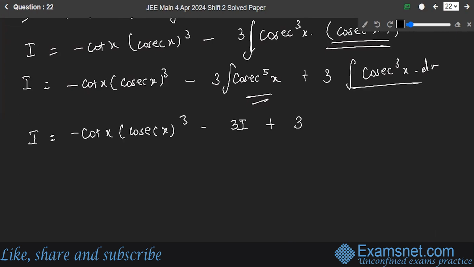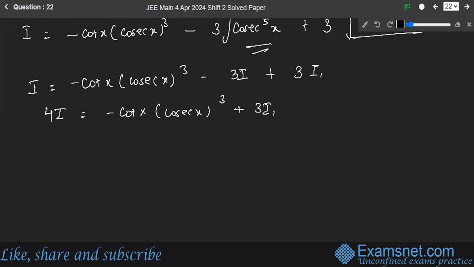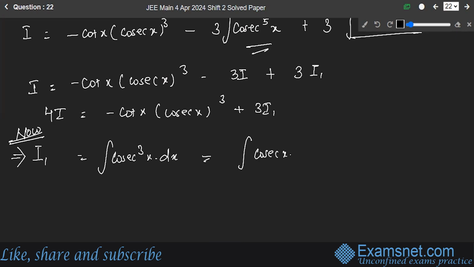Let's say this is equal to I1. So you have 4I is equal to this term plus 3I1. Now let's solve this I1 separately, which is equal to integral of cosecant cube x. Again, I'll be splitting it up: cosecant x into cosecant square x dx.